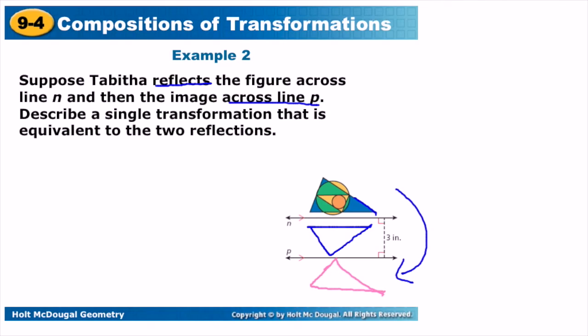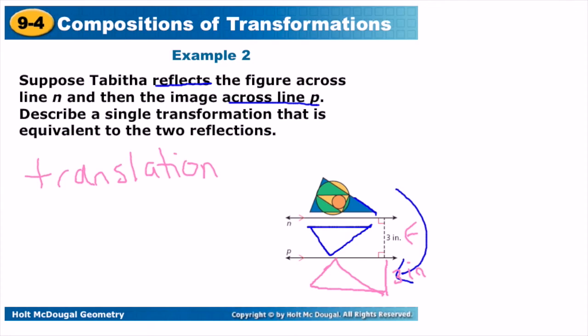So not only is it a translation, which is what they want us to describe, we have to describe how that translation is happening. So yes, I'm translating across parallel lines. But when you translate across those parallel lines, do you see the distance here? They've told me that it is a 3-inch gap between line N and line P. Therefore, I can assume that there's another 3-inch gap between line P and the base of my figure.